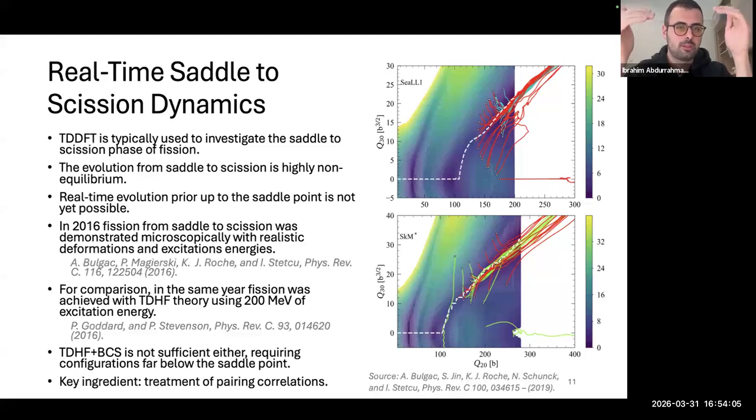It's an approximation where you treat the pairing field with the correct magnitude, so the gap is the same as in HFB, but you treat it as a constant field instead of a field that depends on space and that can have fluctuations and local effects. You will not be able to experimentally describe particle transfer under the barrier.